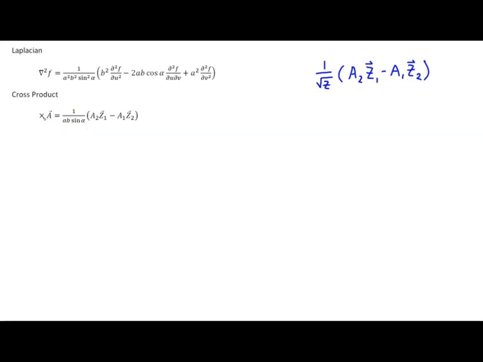So this is the correct expression for the cross product in affine coordinates. However, it's probably more useful to express the result using contravariant vector components instead of these covariant vector components like this, because the vector was probably expressed using contravariant components with covariant basis vectors.